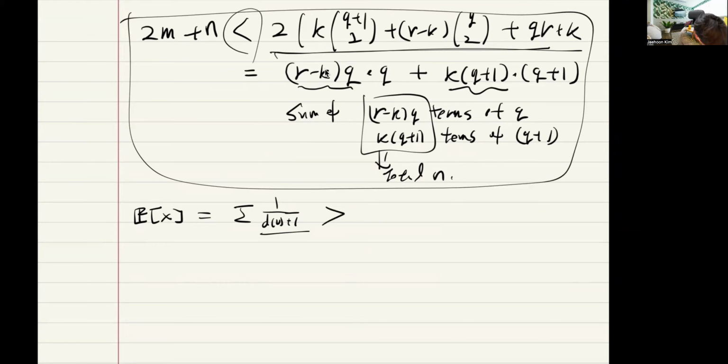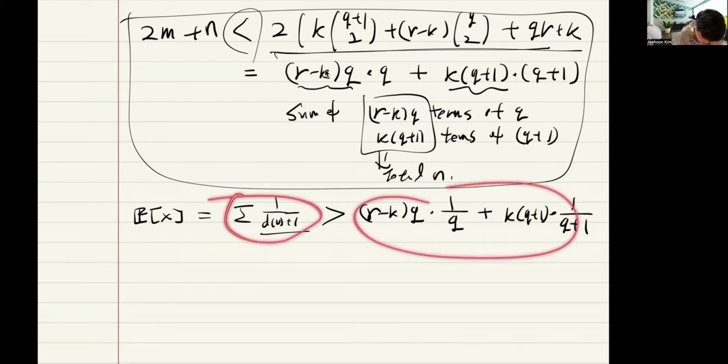So this is bigger than this many terms of 1 over q and this many terms of 1 over q plus 1. So this number is strictly more than this.